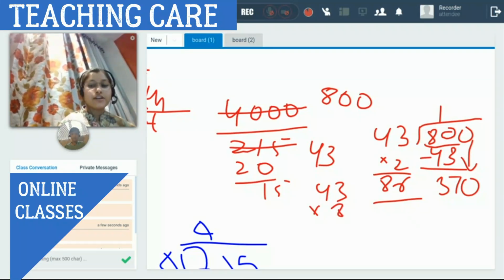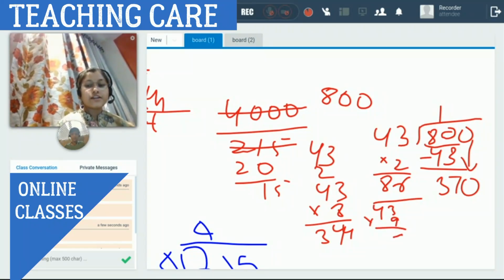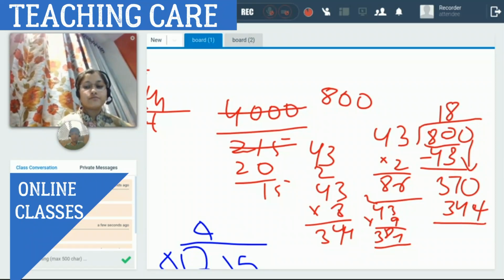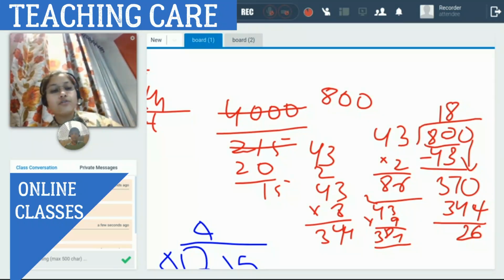Now 43 into 8, 344. 43 into 9, 387. 387 is greater, so I will go for 8. 344. Okay, 26. Now 26 is less than 43 and I am left with no other option, so I will place a decimal over here and have a 0 over here.